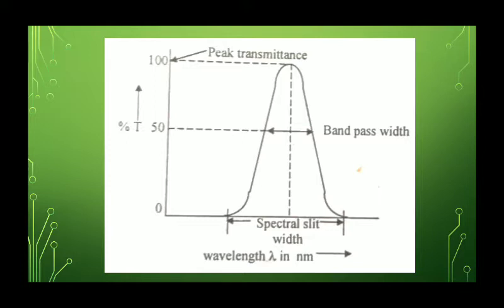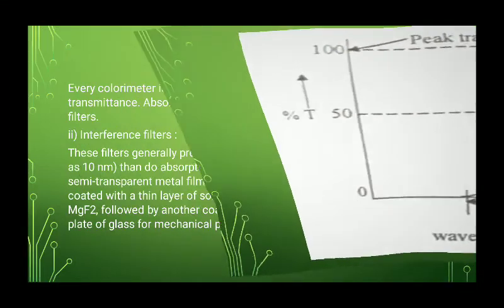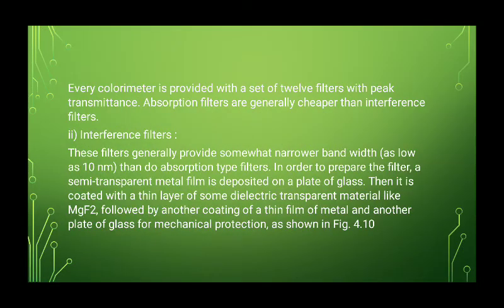This is the simple peak transmittance and band pass width of an absorption filter. Every colorimeter is provided with a set of filters. Absorption filters are generally cheaper than interference filters. Interference filters generally provide somewhat narrower bandwidth, as low as 10 nm.